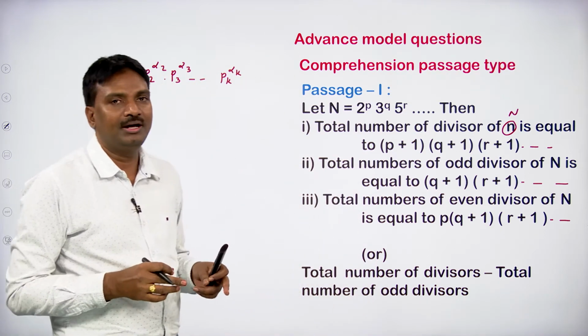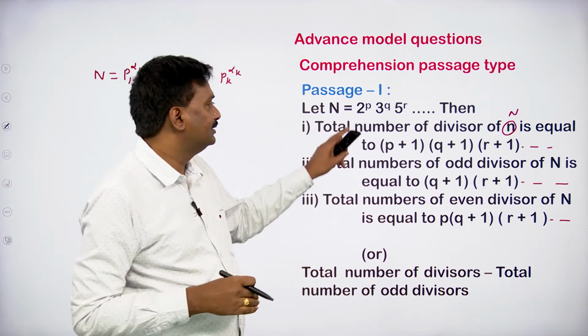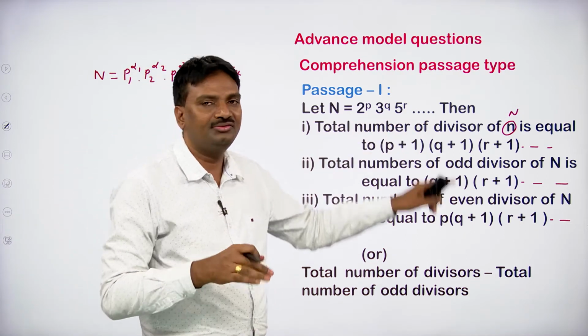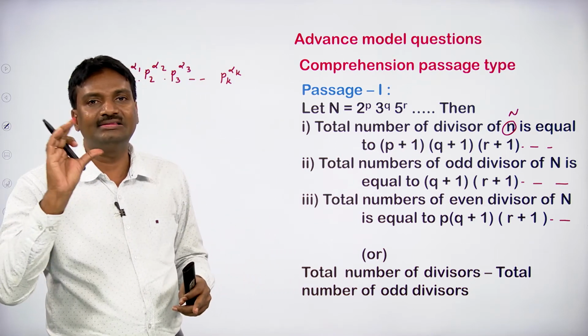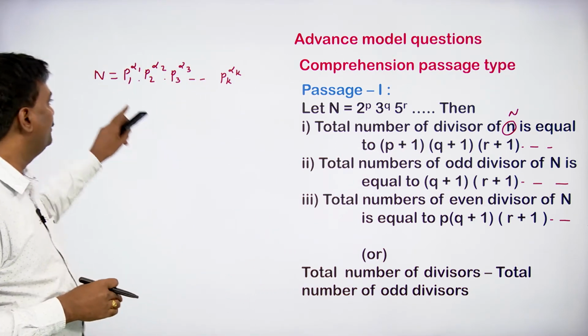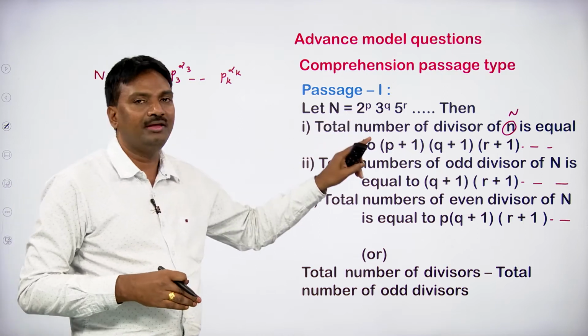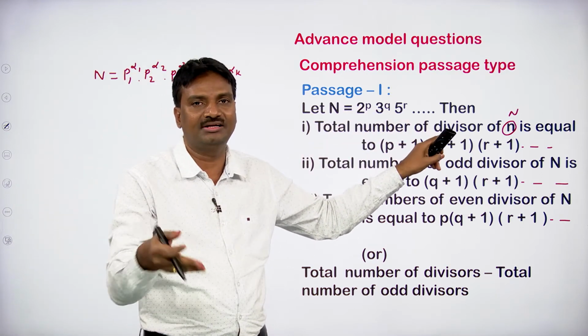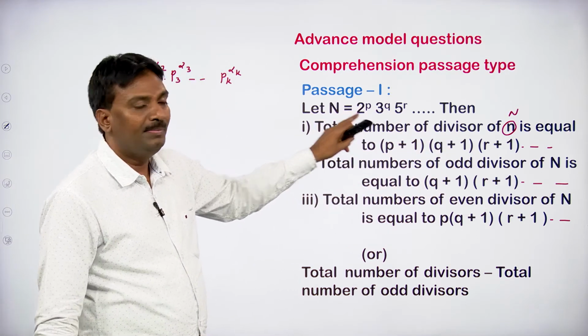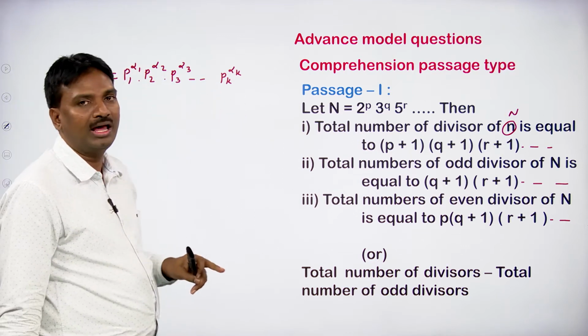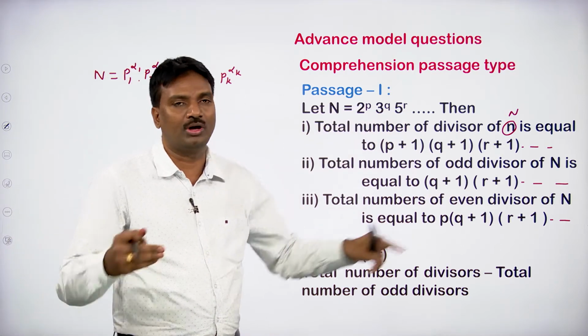But with respect to the given passage, the bases are given as 2, 3, 5, 7, 11 so on. Clearly they are prime integers. In place of p1, p2, p3 so on pk, we have 2, 3, 5, 7, 11, 13 so on. And in place of alpha 1, alpha 2, alpha 3 so on alpha k, we have p, q, r so on. So, both are the same.